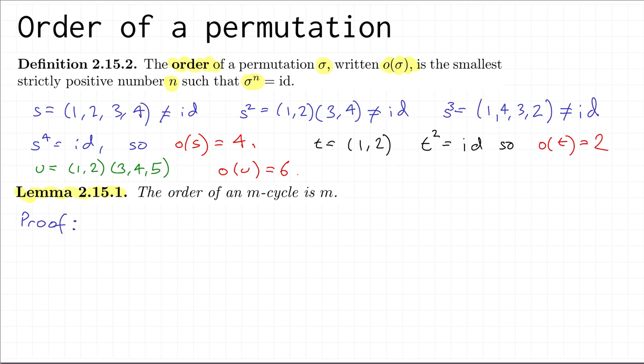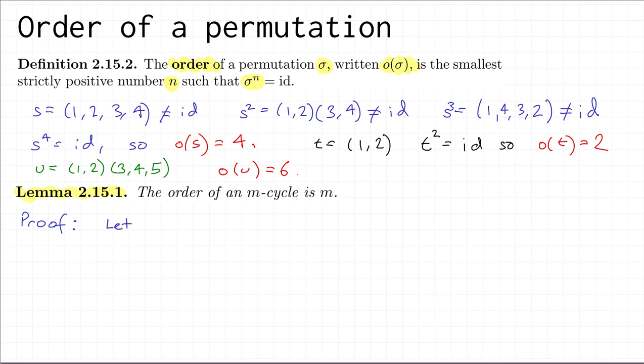So if I want to prove this, then what I've got to show is that the smallest strictly positive power of this M cycle, which gets you back to the identity, is the mth power. So I need to show two things: that all of the powers up to M are not the identity, but the mth power is the identity.